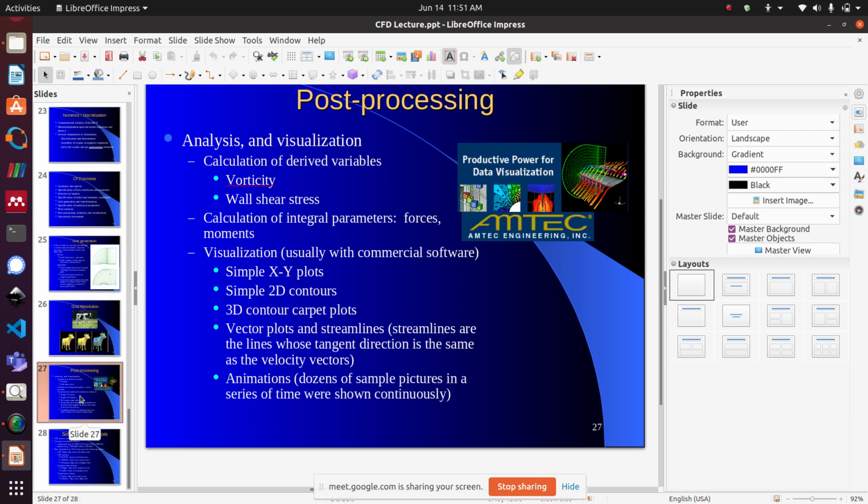You have a list of pressure and a list of velocity. Now you need to analyze the field variables and do whatever is necessary for the design problem or whatever problem you are working on. Many physical processes like vorticities and wall shear stresses may be analyzed, and different derived quantities like force.